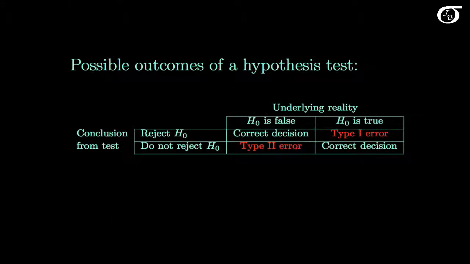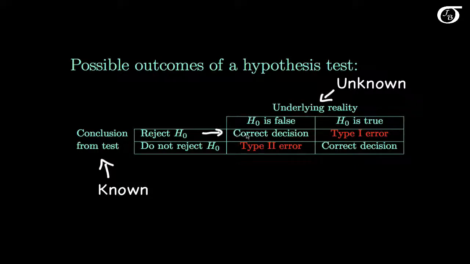Here in table form are the possible outcomes of a hypothesis test. In the columns is the underlying reality, and that's going to be unknown to us. In the rows, I have the conclusion from the test, which is going to be known once we carry out our test. If we end up rejecting the null hypothesis, and the null hypothesis is false, we made the correct decision.